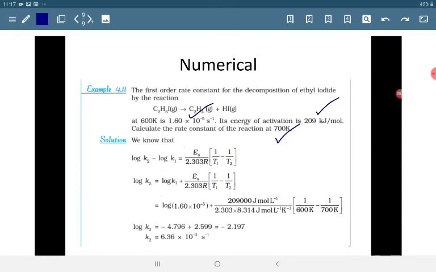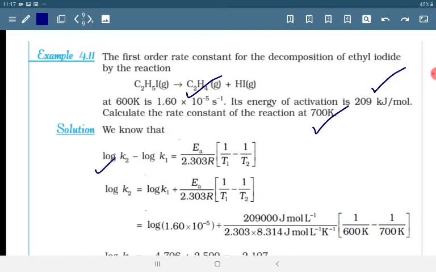So applying this equation, log k2 minus log k1 is equal to Ea by 2.303 R times 1 upon T1 minus 1 upon T2. Here k1 is given, and k2 you have to calculate.